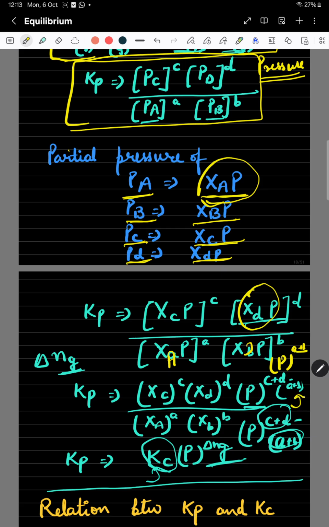So once you go here, this would become pressure power C plus D minus A plus B. So this would become mole fractions.